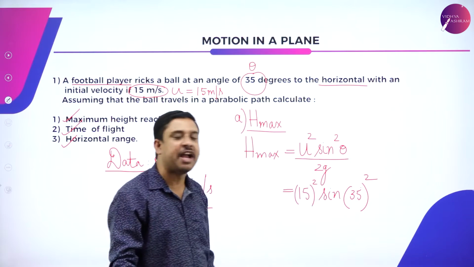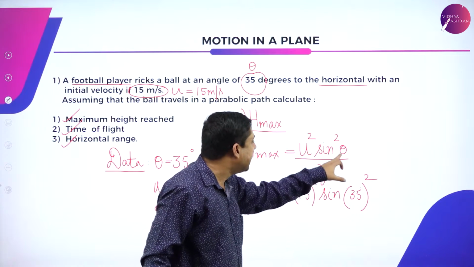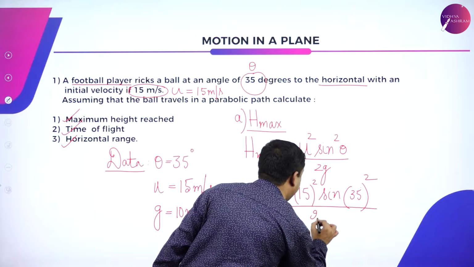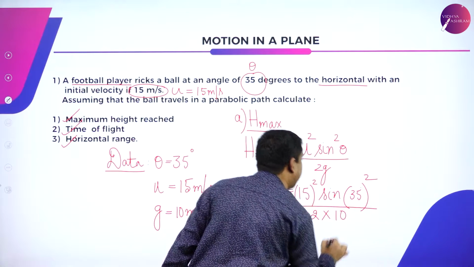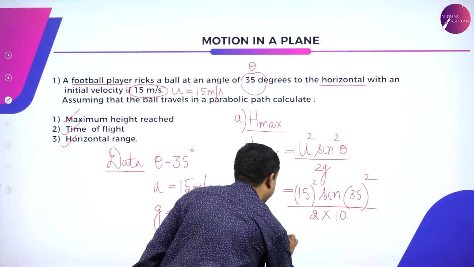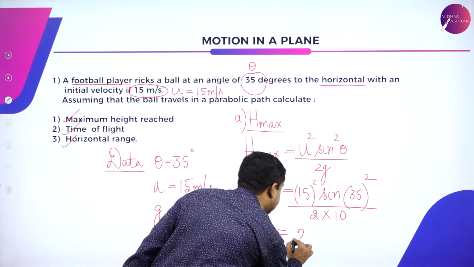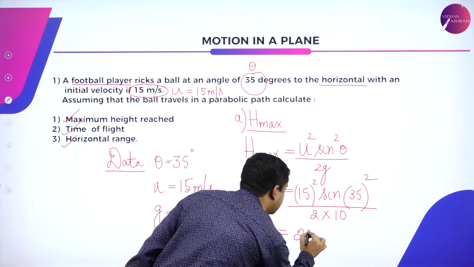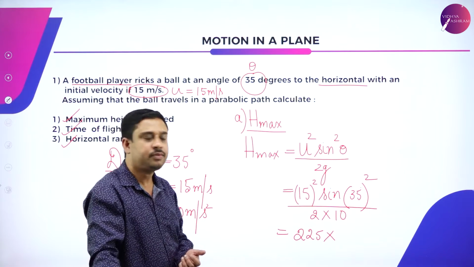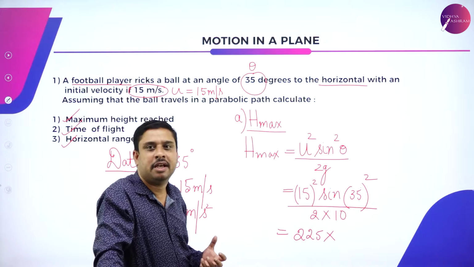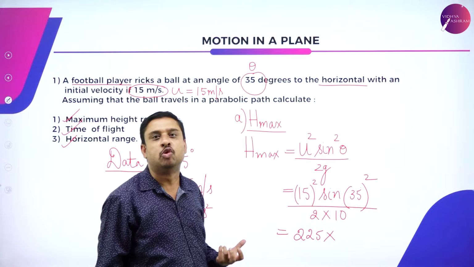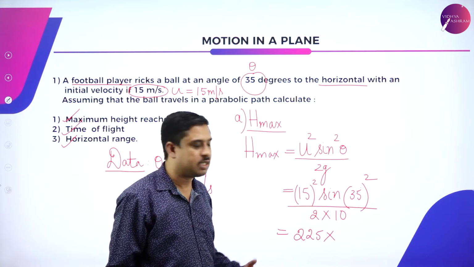Theta is 35 degree. So sin 35 whole square divided by 2 into g, which is 10. So on simplification, 15 square is 225 into, you will be taught in your first practical classes how to use trigonometric tables.